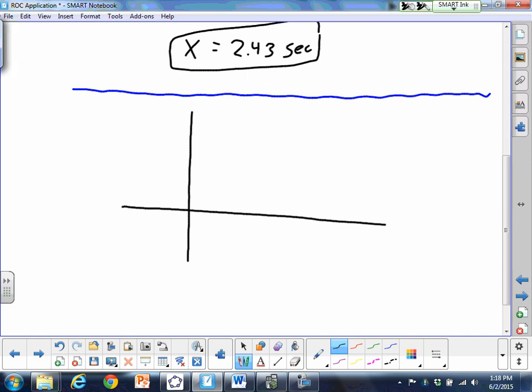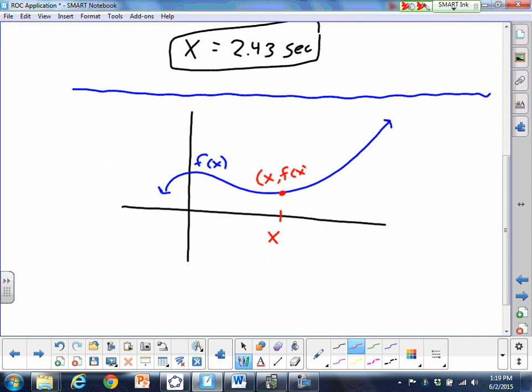The whole idea is this: if you have some function doing something like this, there's some f of x, and let's say there's some point here that you're interested in. The coordinates there would be x and f of x. To get the instantaneous rate of change, it's going to be the slope of a tangent line, which would be roughly like that.